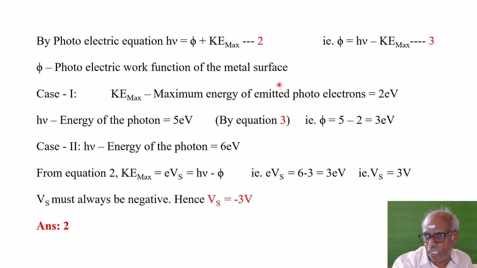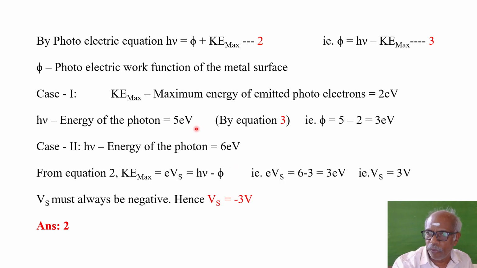Phi is equal to h nu, 5 electron volt, minus KE max, 2 electron volt. So 5 minus 2, that is 3 electron volt. This is the work function of the metal surface. You can use this value for case 2. What is case 2? h nu, the energy of the photon, is 6 electron volt.